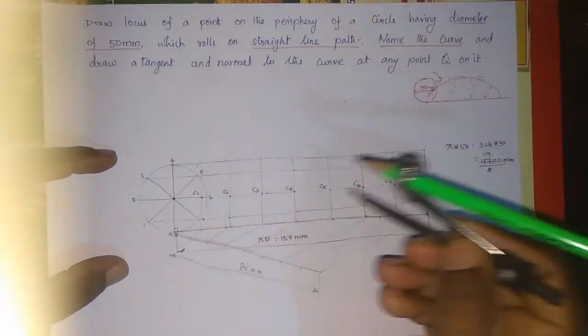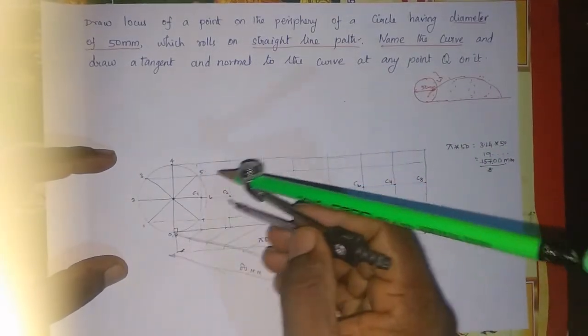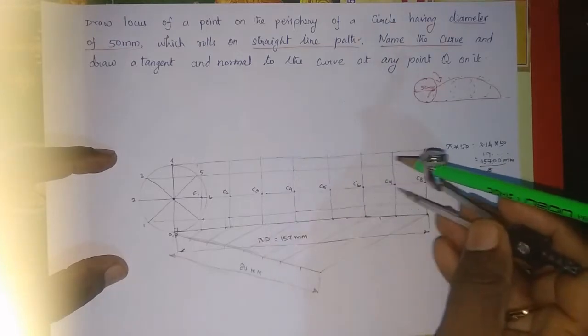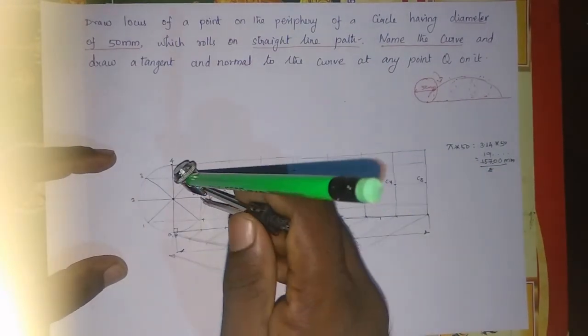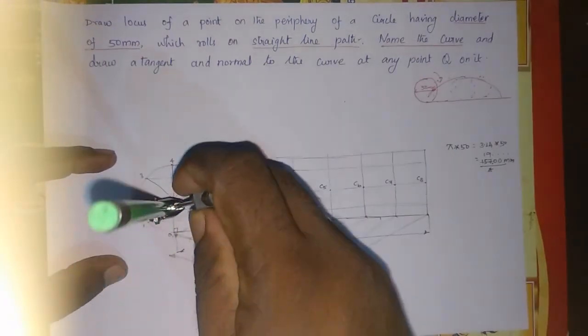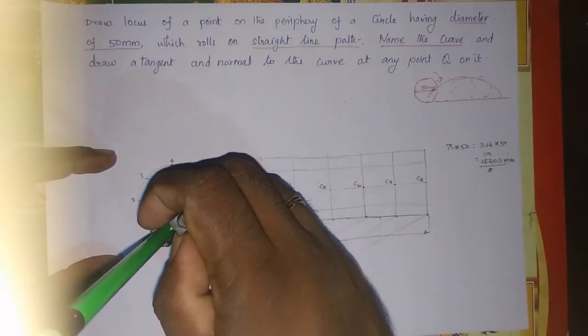So now taking the centers of each and every point on the center line, with C1 as a center, take an arc on the first line.